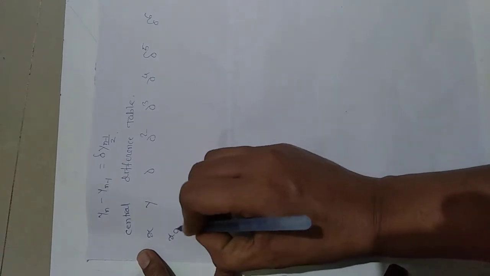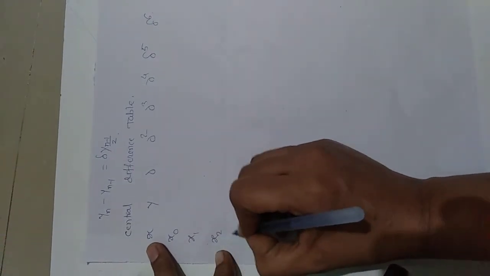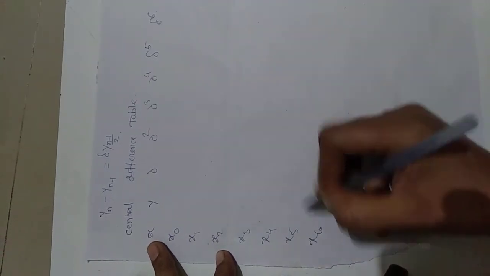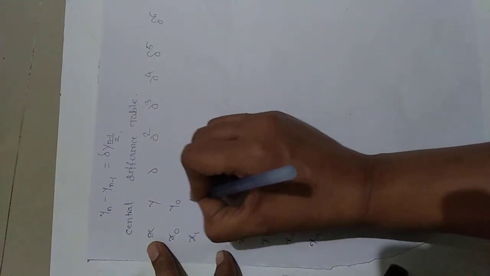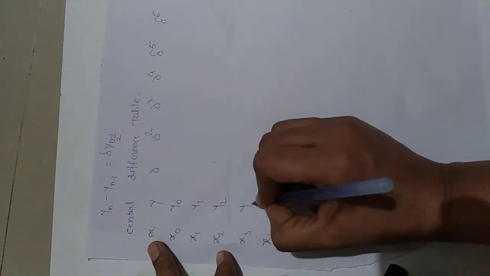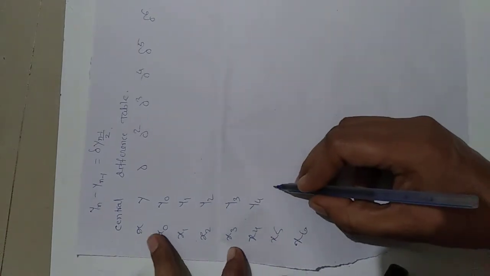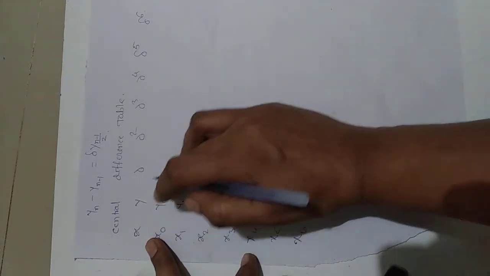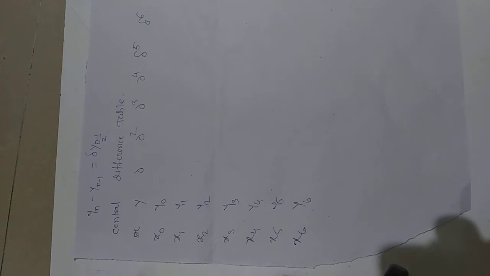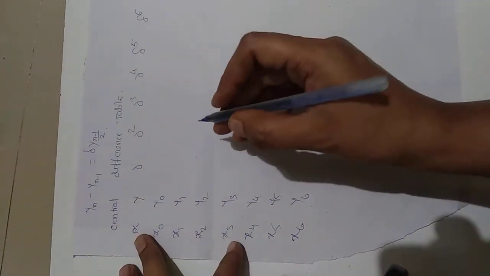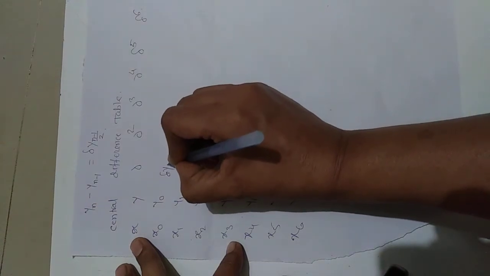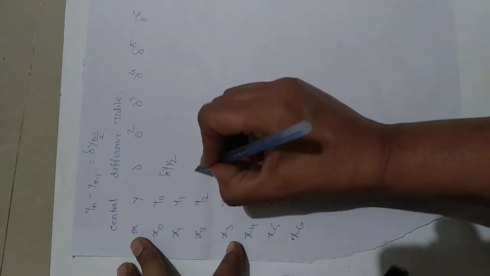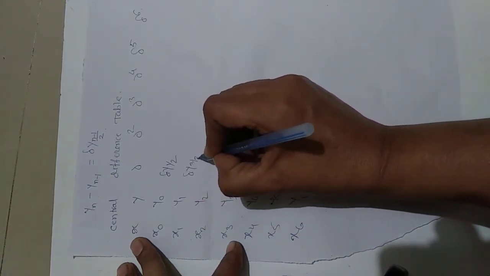Here the values of x are x0, x1, x2, x3, x4, x5, x6, and the values of y, y0, y1, y2, y3, y4, y5, y6, and the difference between y0 and y1, that is y1 minus y0 is equal to del y1 by 2, and the difference between y2 and y1, that is del y3 by 2.